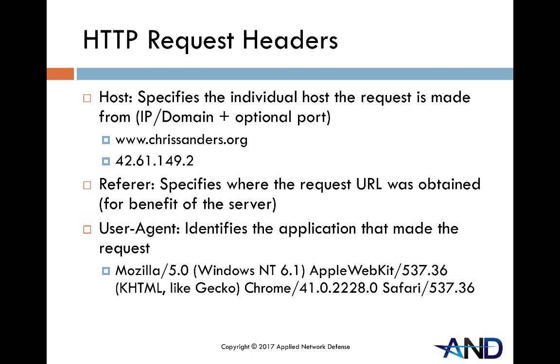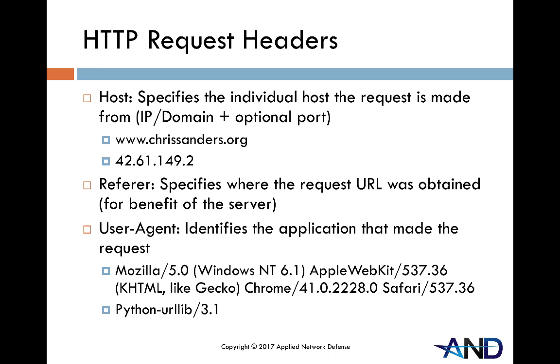Now, keep in mind, remember, an HTTP client is really anything that is capable of making an HTTP request. It doesn't have to be a browser. You can actually write a Python script using URLlib, which will actually go out and retrieve an HTTP resource. So in this case, your user agent could identify that particular Python library, which would be identified as this.